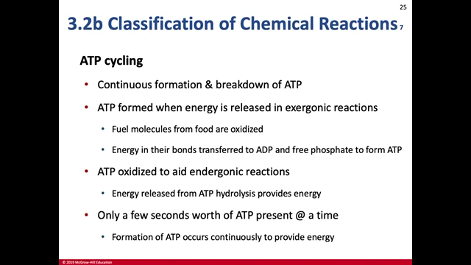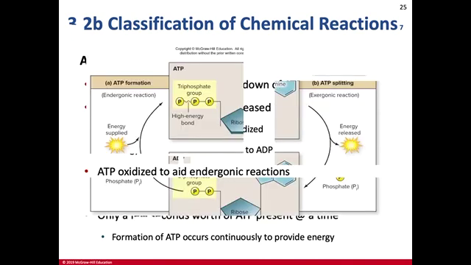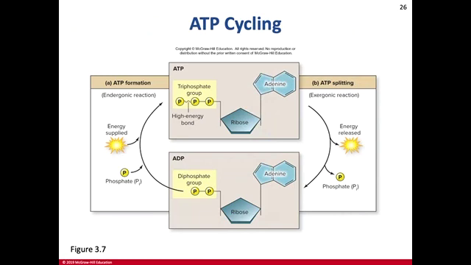Okay, the cell can't store a large amount of ATP inside itself because that would result in an impractical amount of physical space being donated to the storage of ATP, because ATP would have to be hydrated.